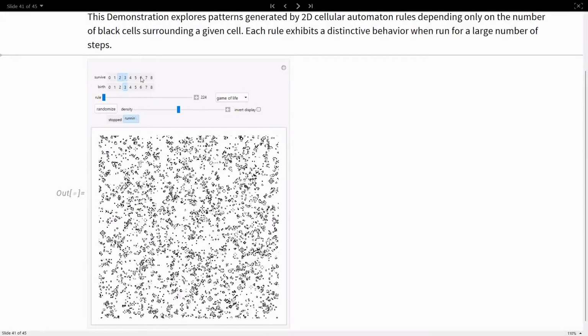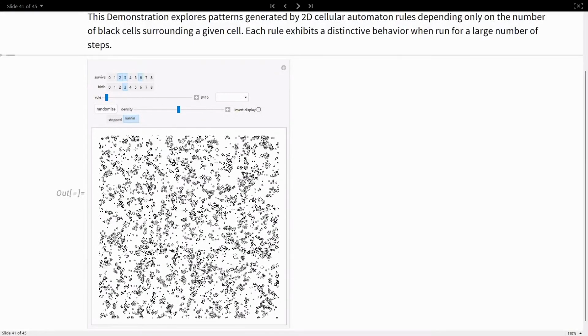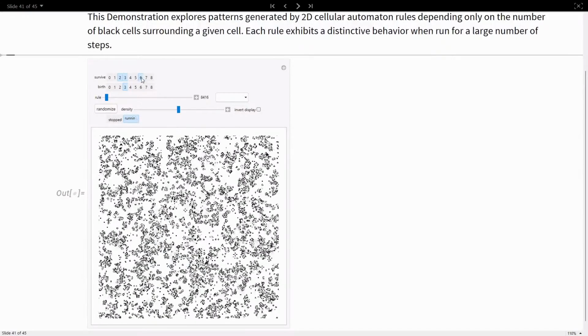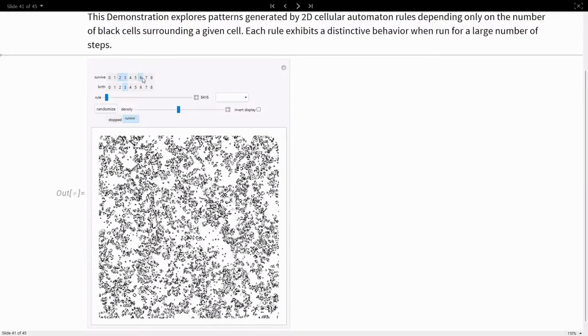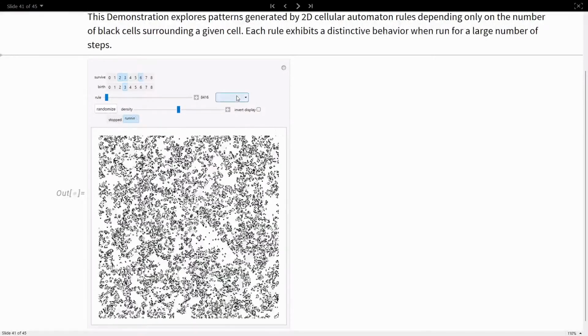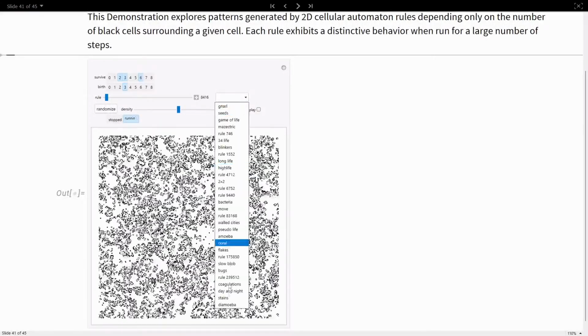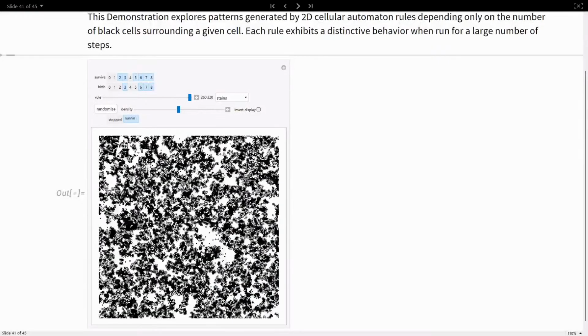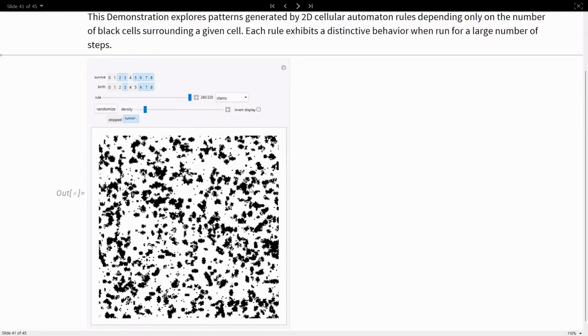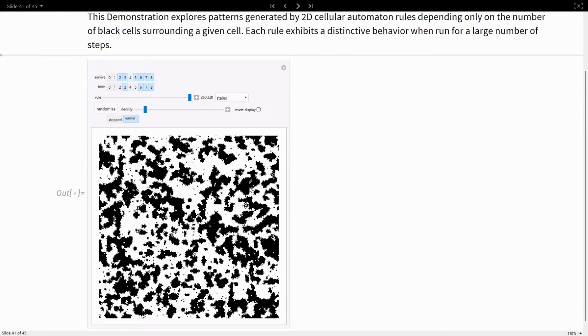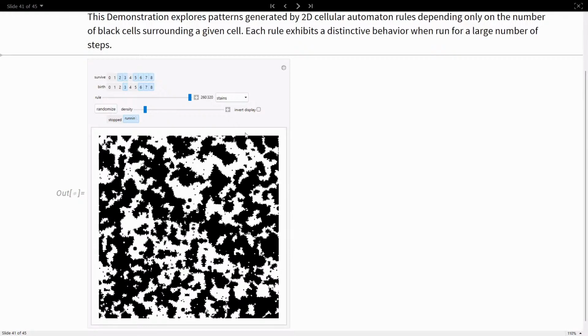But we can also change the rule, and we get different behaviors. I believe with Survive on 6, you get High Life, which is a different behavior. And we can also do things like Stains. And these are objects that will typically grow in a strange way to make what looks like ink blots.